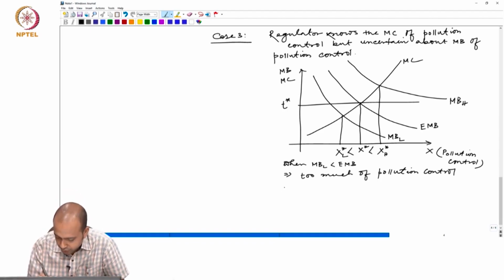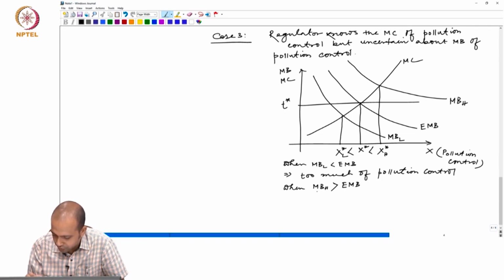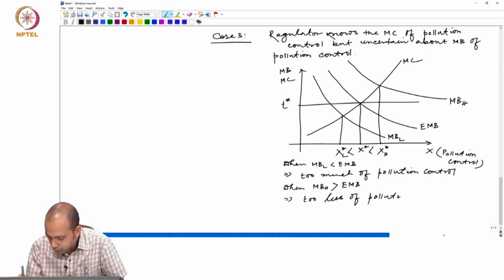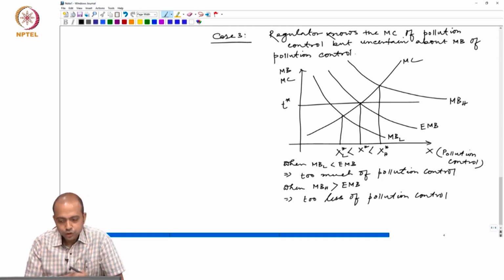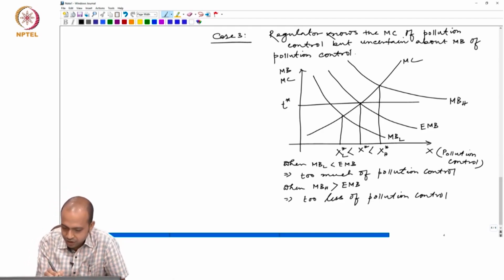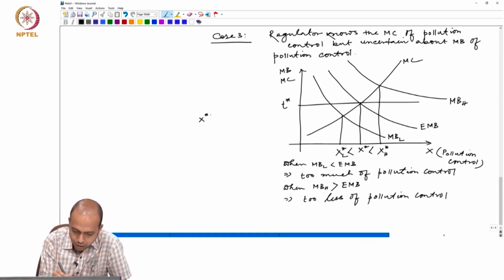So, when MBH, marginal benefit, is higher than the expected marginal benefit, then too little pollution control. Here X star indicates the private optima.